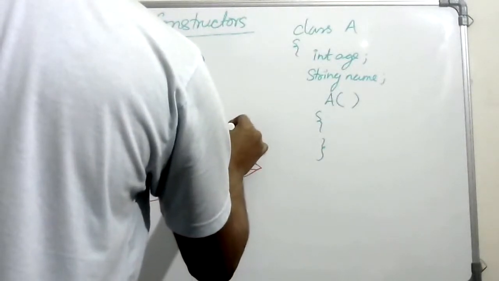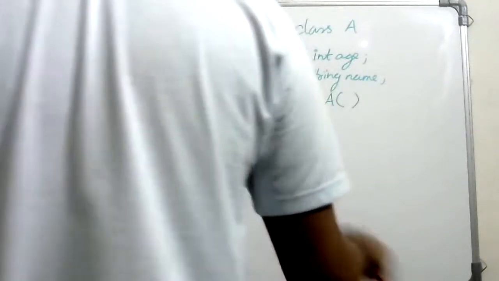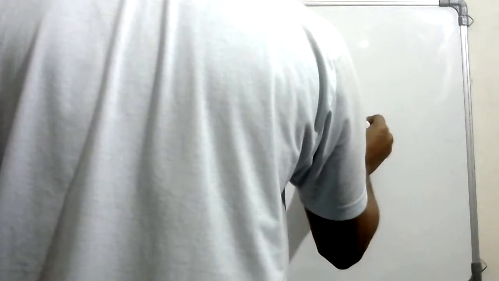The compiler, during compilation, does this particular thing. So you have class A, inside you will have a default constructor, and the class ends there.